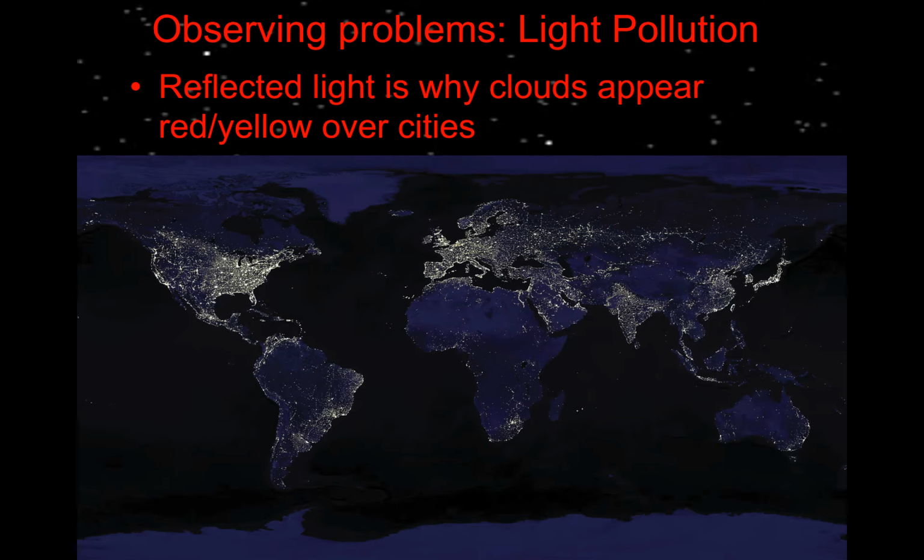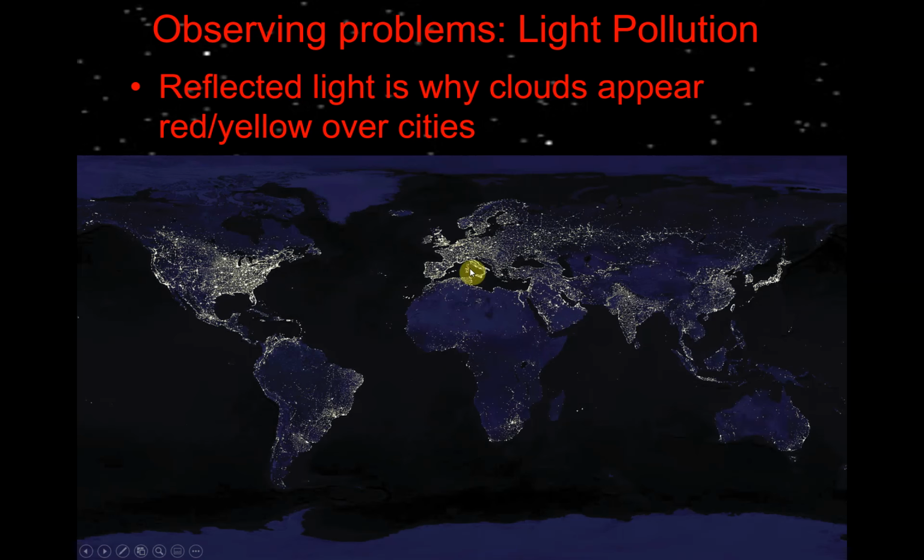Other problems are things like light pollution. To go outside and look at the stars, now with all of the lights from modern society, this light is actually blanking out the stars for a huge proportion of the populace. It's only far more remote parts of the planet where we can see truly dark skies.